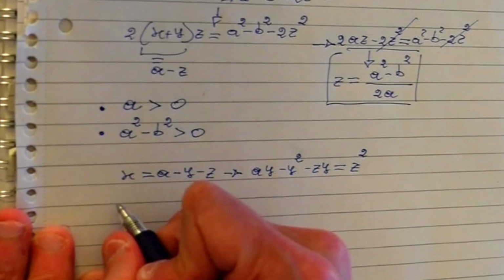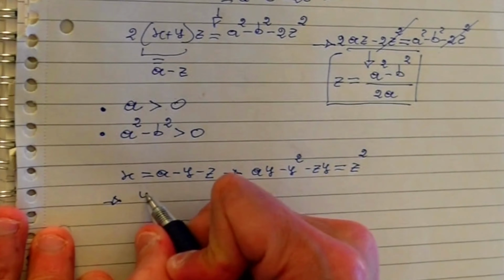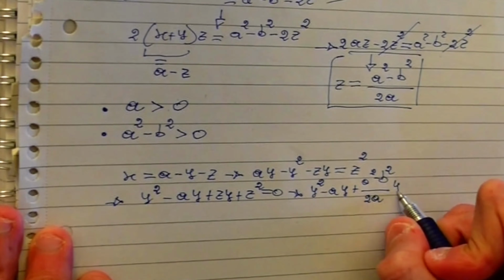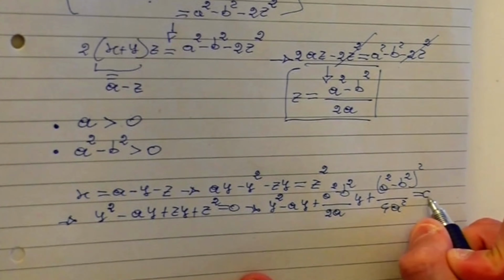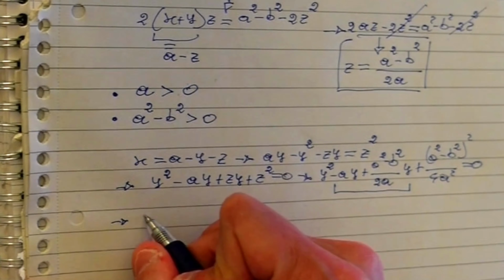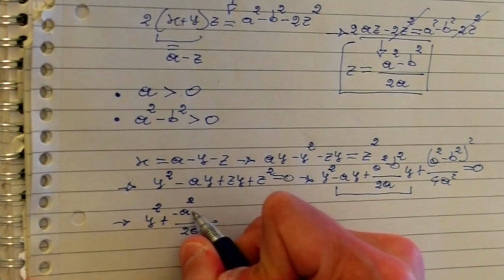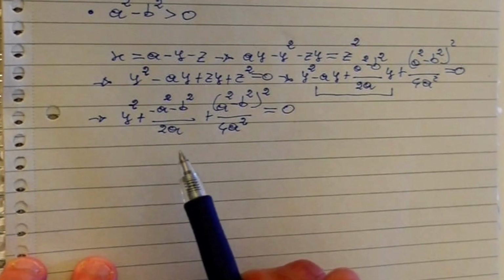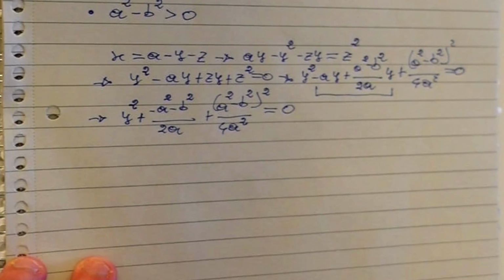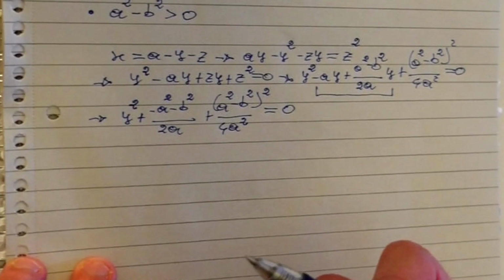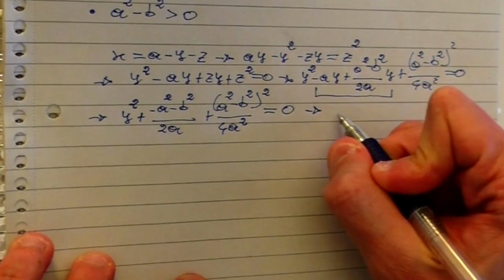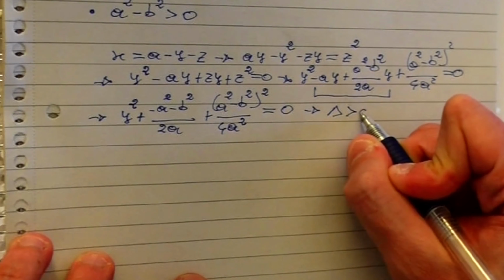Again, this implies a quadratic equation, and if we want y to be a distinct solution, we have to impose that the discriminant be larger than 0.